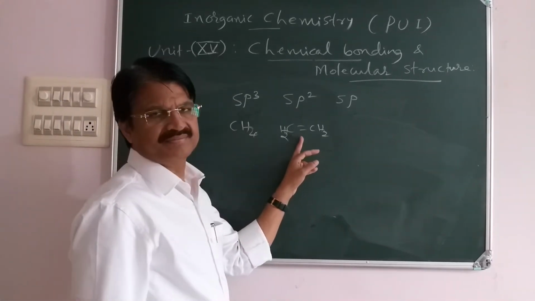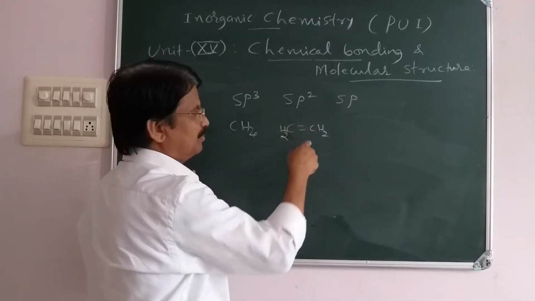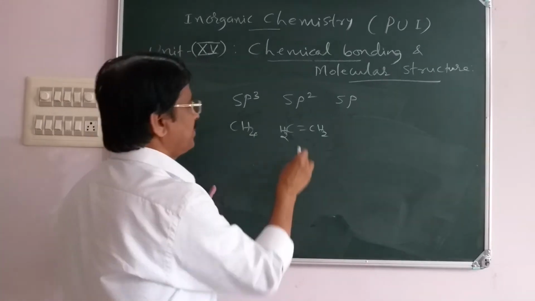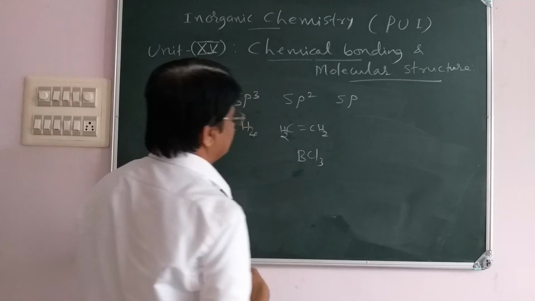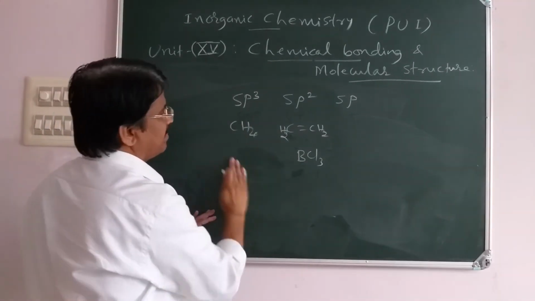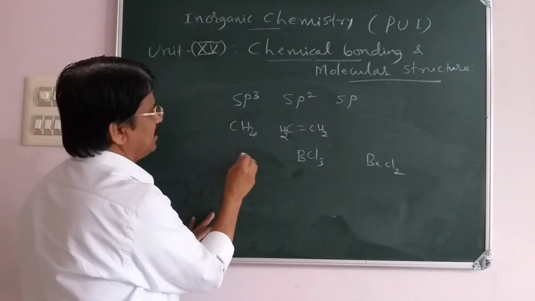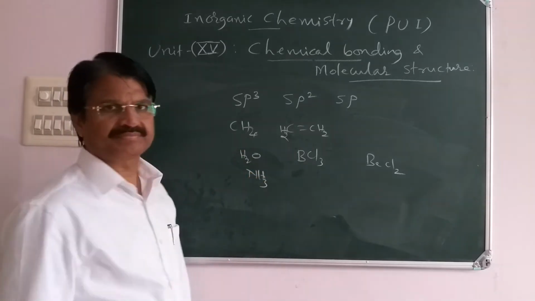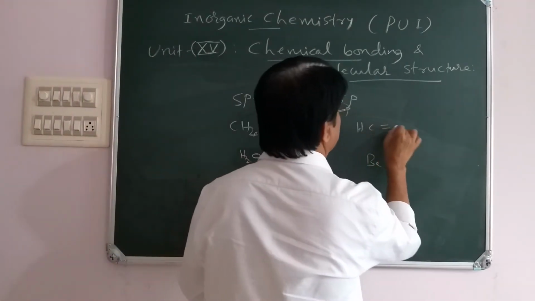This is a double bonded, alkenes where C double bond C undergo sp2 hybridization, and even BCl3. And BeCl2, sorry, is sp, and water, NH3, etc. are sp3. Different examples we can study.